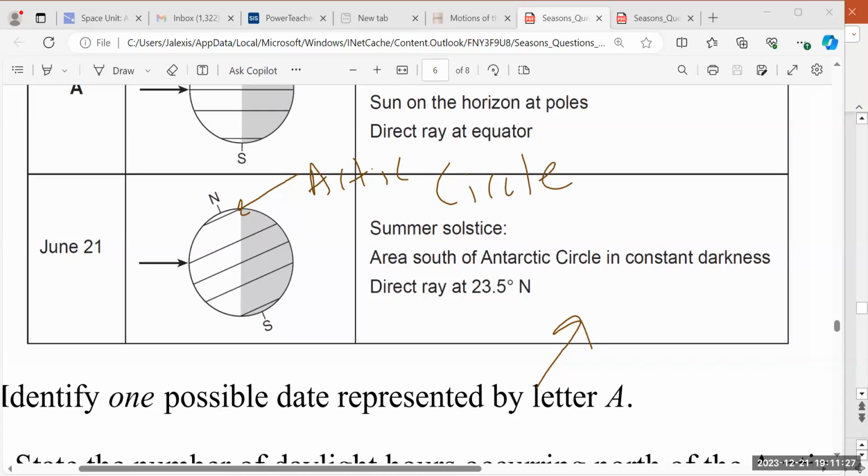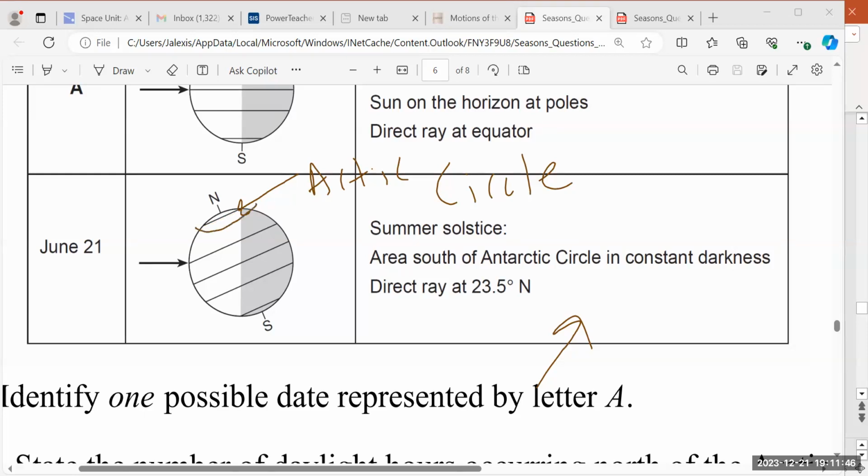Now, what's great about the Arctic Circle is that when I'm looking, I notice that this latitude right here is completely filled with daylight, right? This latitude for this diagram is all daylight.